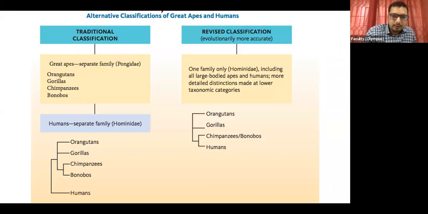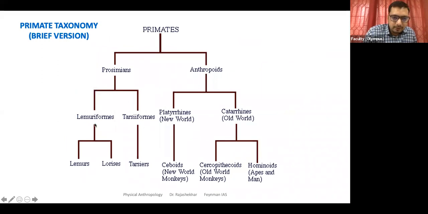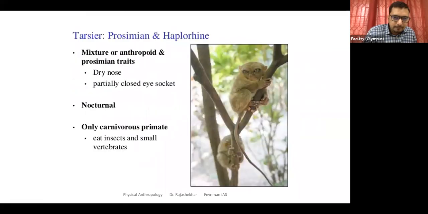So this is briefly about prosimians, and within that we talked about lemurs and lorises. Now, tarsiers in a way have a bit of the features of primitive monkeys and a bit of the features of the anthropoidea. Sometimes they're put separately into a category called Tarsiiformes, another order.